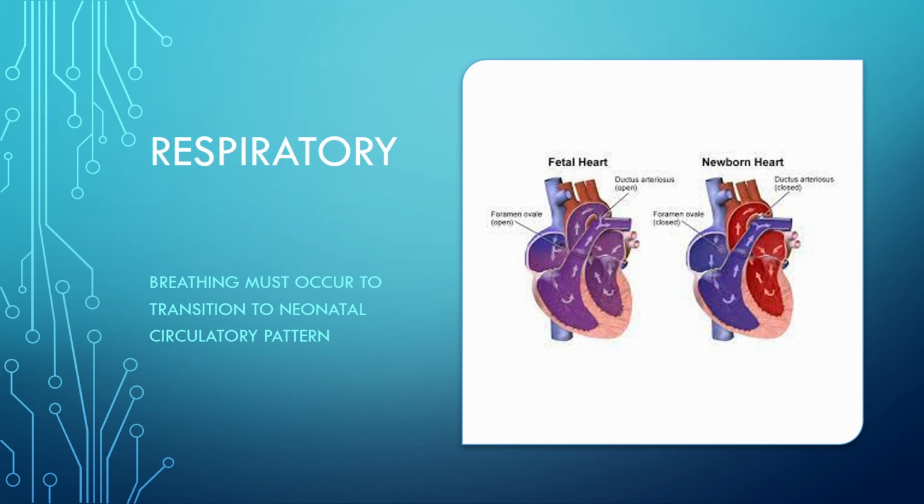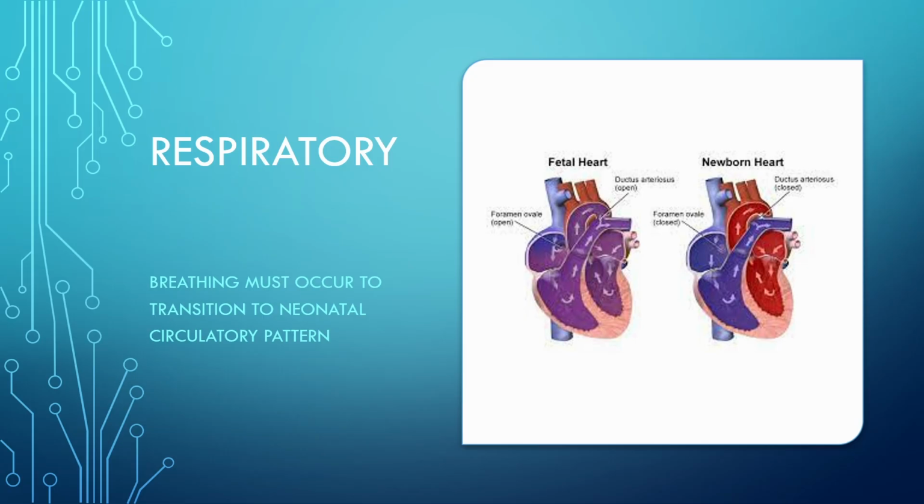These next few slides are going to talk about what happens as the newborn transitions to life outside of the uterus. The first physiological change that must occur after birth is that this newborn must establish respirations. I included a little picture that shows you what the fetal blood circulation looks like in utero. Once that baby is born and takes its first breath, there is a change.